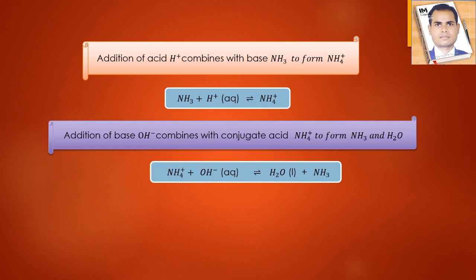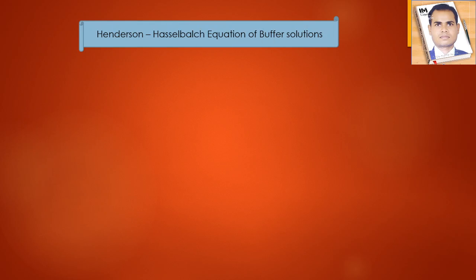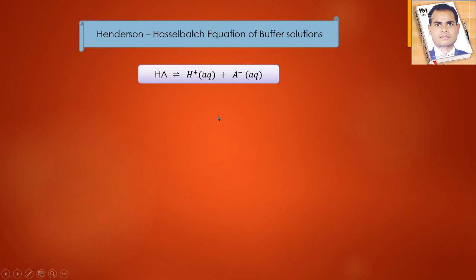Now we have to see the Henderson-Hasselbalch equation of the buffer solution. Consider an acidic buffer containing equimolar amounts of a weak acid, HA, and its salt, NaA. In aqueous solution, HA dissociates into H plus and A minus.